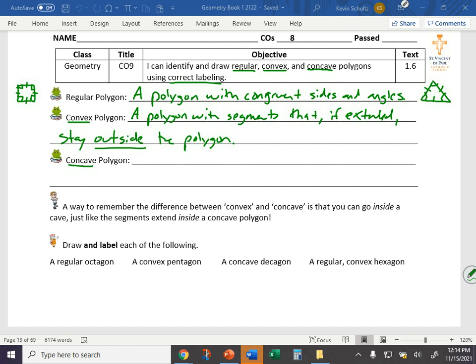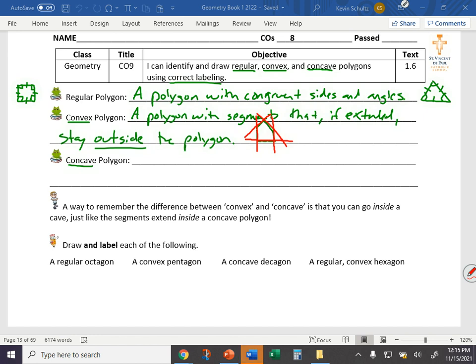So let's look at a convex pentagon here. A convex pentagon might look like this, right? Because if I were to extend any of these segment sides, they all stay outside of the polygon. The bottom one, extend that, doesn't go inside the polygon. That doesn't go inside the polygon. If I extend all these segments, none of them go inside the figure.